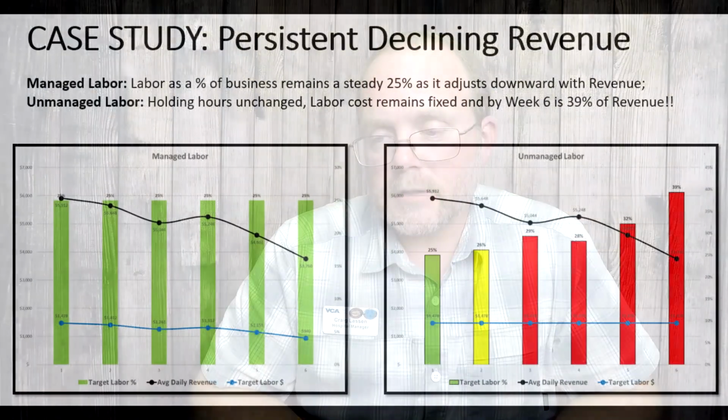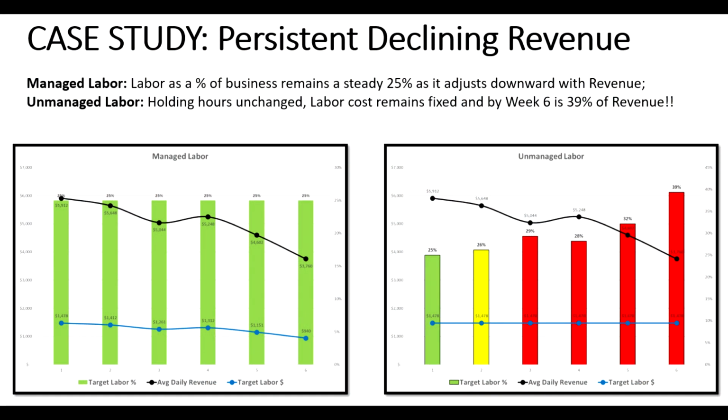I think we can see that a little clearer when we look at these two charts. So on the left, we have the managed labor, and on the right, we have the unmanaged labor. And so the black line that you can see waving downward on each of those charts is the revenue. That doesn't change in either chart. That's what's been happening. The blue lines in each of the charts represent the labor.